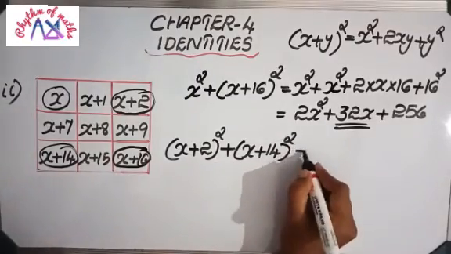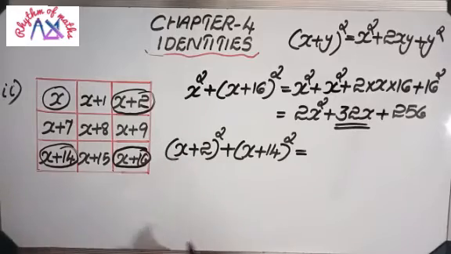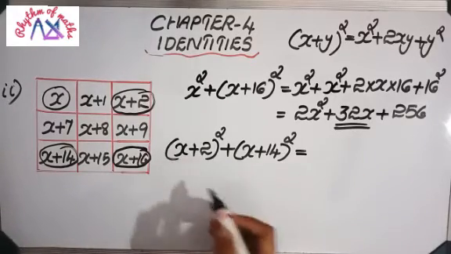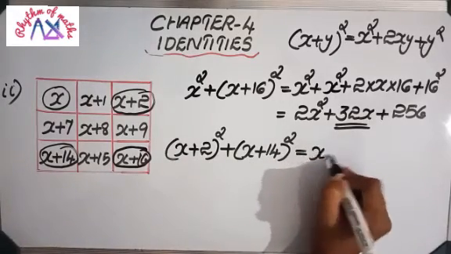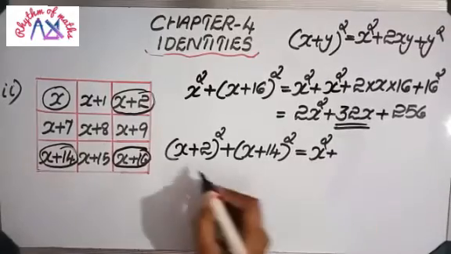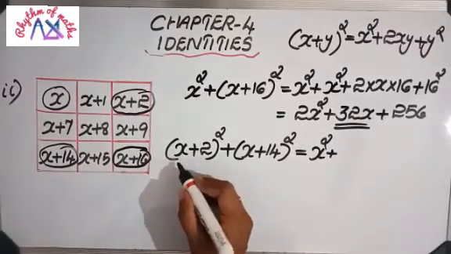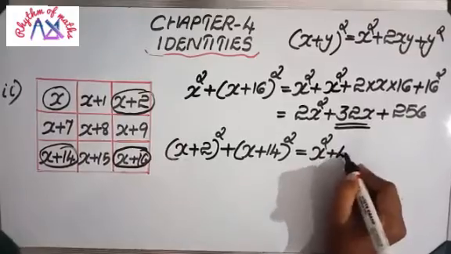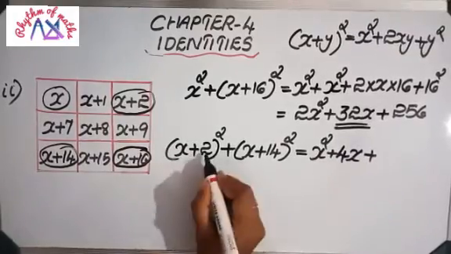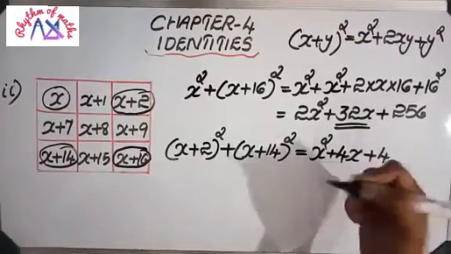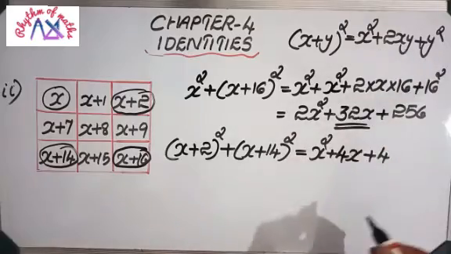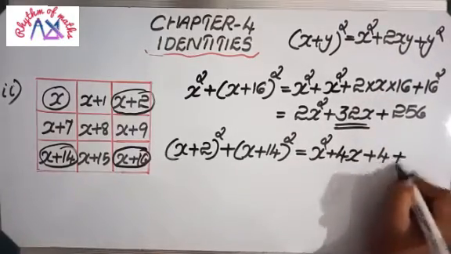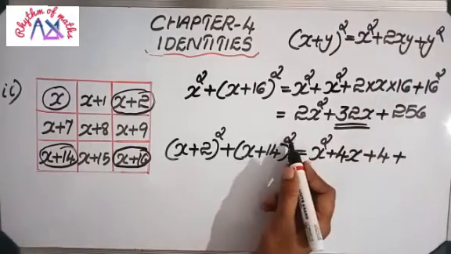Okay, now let's expand this. First of all, first bracket x plus 2 the whole square. So answer will be x square plus 2 into x, 2x, 2x into 2, 4x plus 2 square. That is why I am directly writing. Okay, just by using identity, that's it. Plus next is x plus 14 the whole square.